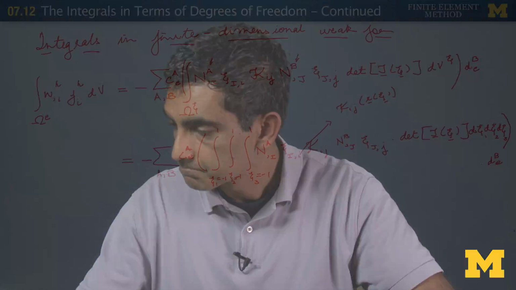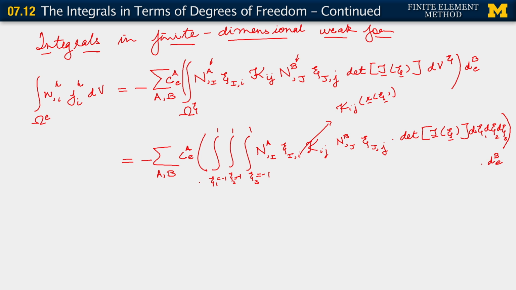Okay, but the point I want to make now is that if one looks at the integral here, okay, that can be evaluated. It's going to give us a scalar value, right? Because all the little i's, capital I's, the little j's and capital J's are going to be contracted away.